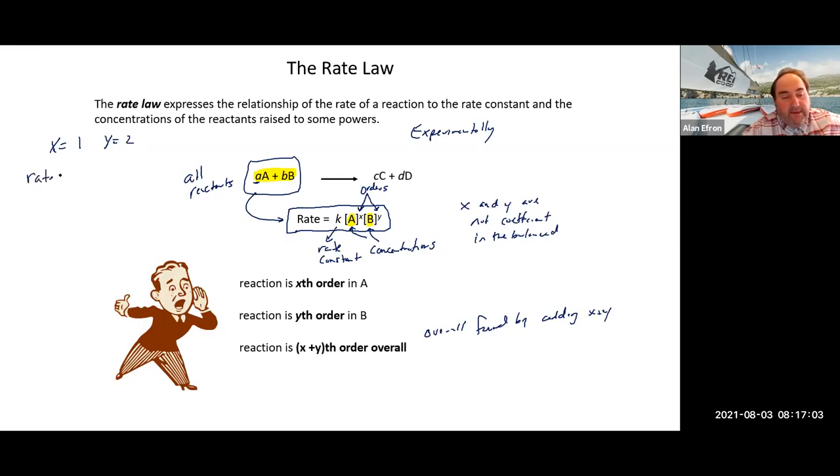The rate would equal K times A to the 1, which, like normal, you don't need to write the 1, and B to the 2. The overall order here would then be 1 plus 2, which is what is referred to as a third order reaction.